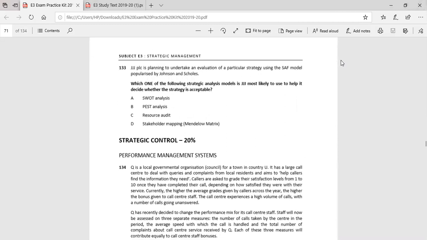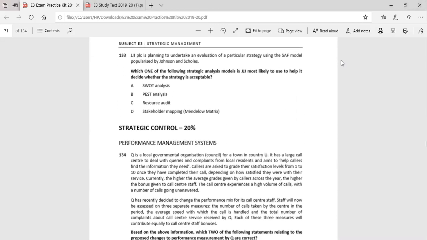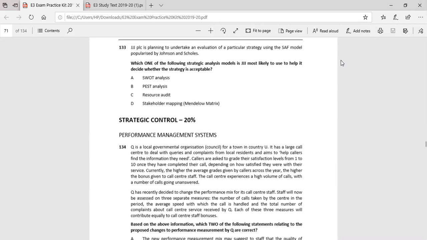Okay, we'll do 133 and then go for a break and come back and discuss the other questions under strategic control. JJC PLC is planning to undertake an evaluation of a particular strategy using the SAF model popularized by Johnson and Scholes.